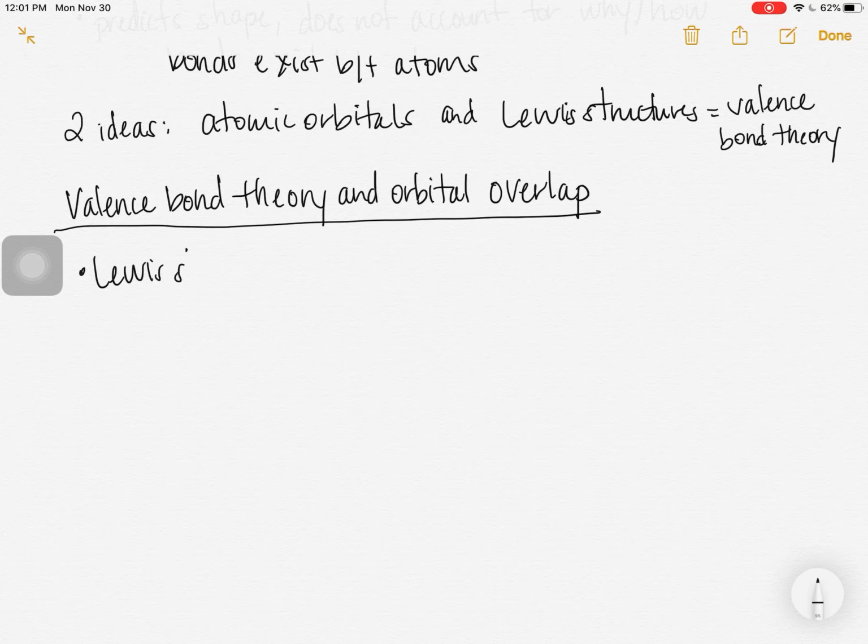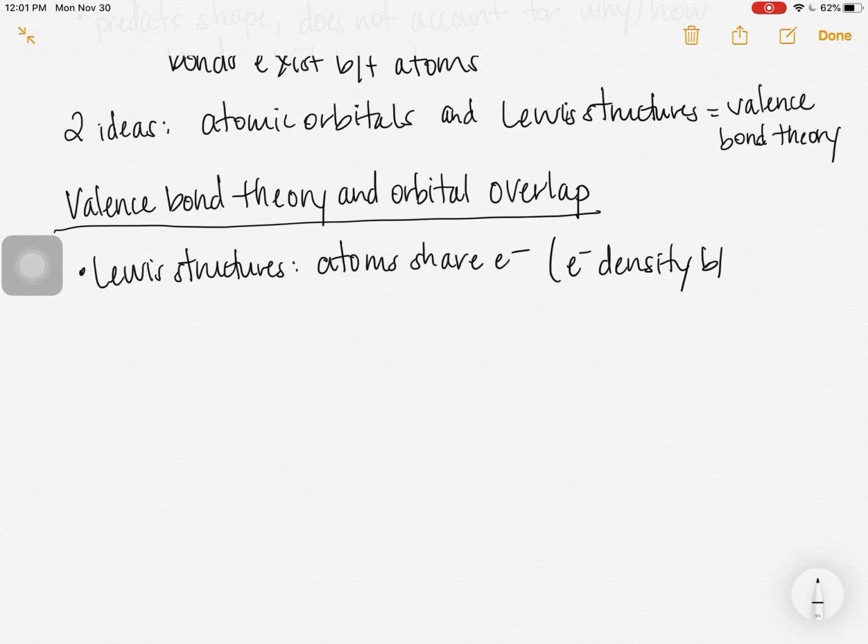So let's see, we know that Lewis structures show us that atoms share electrons, and that there's what we're going to refer to as electron density between the two nuclei of the atoms.